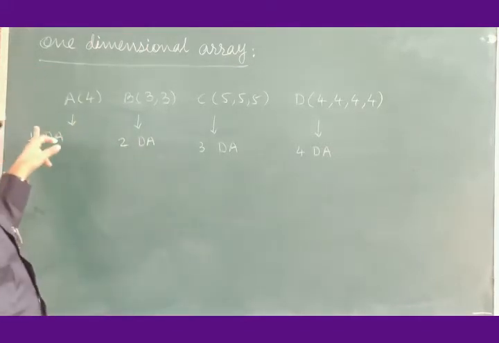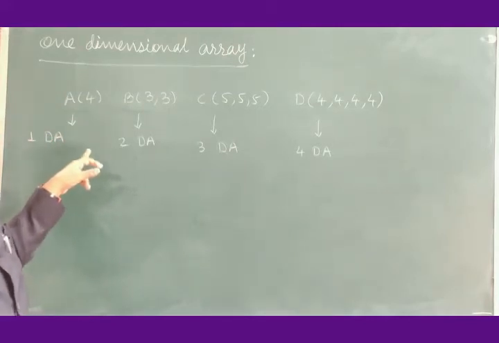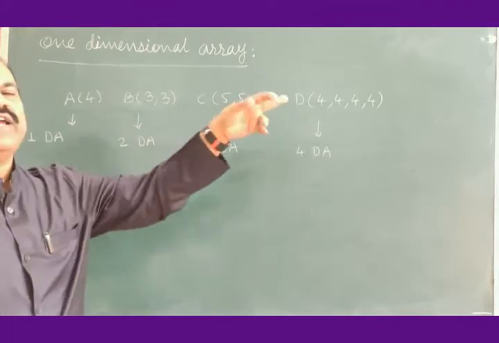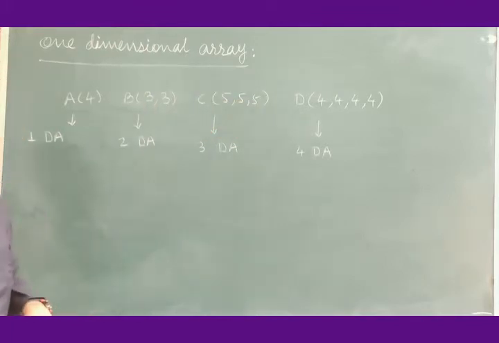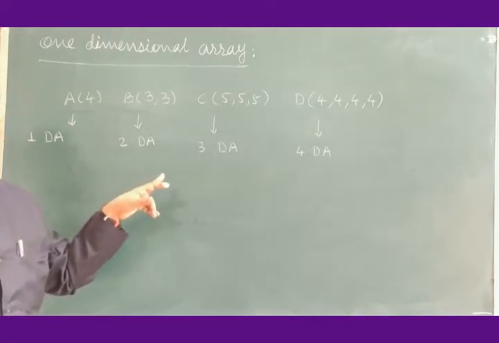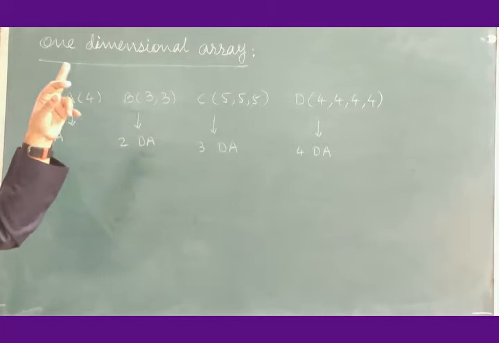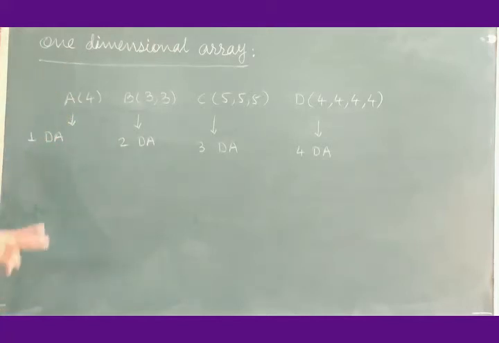As you see, the four rules I told are observed while writing these four examples for different dimensions of arrays. In this article, we are interested only in one-dimensional arrays.